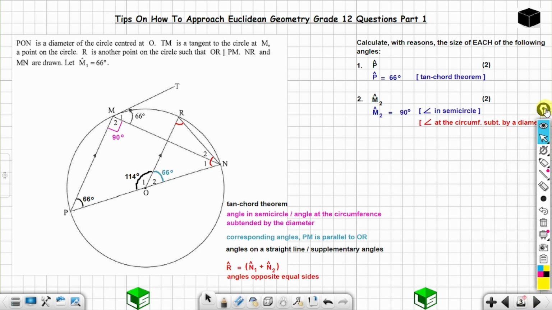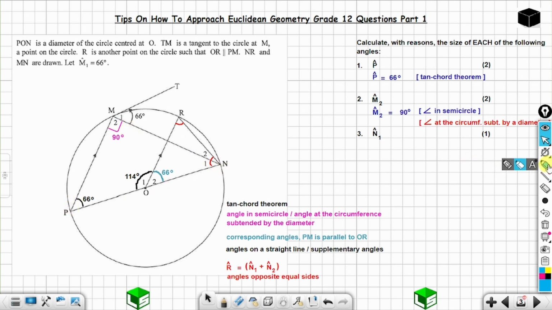Okay, let's carry on. Now question 3, calculate n1 with reasons. The question is 1 mark. This is n1. The simplest way to find n1, you can see you have a triangle.